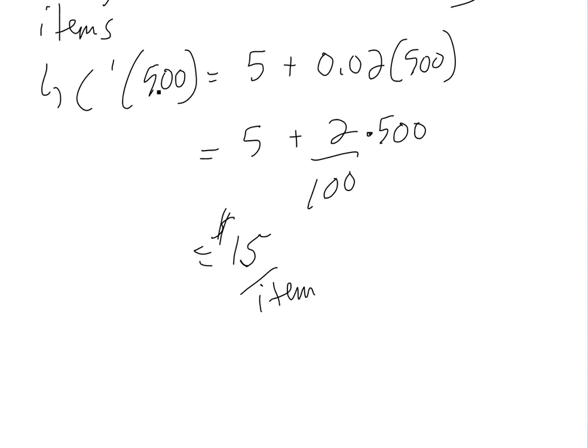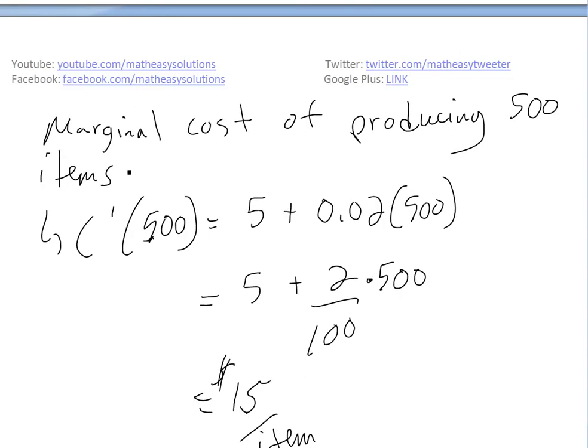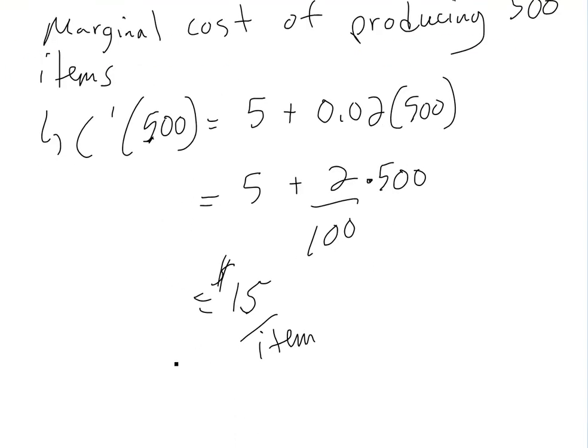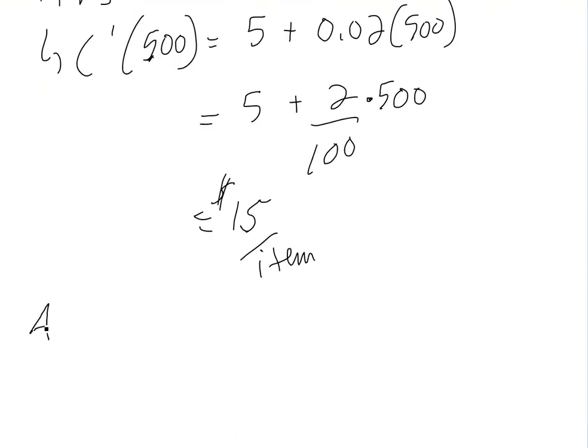And remember, all this is saying is the rate of change of the cost function at 500 units. This is roughly just a derivative, so it's roughly the marginal cost, because the actual cost to produce 501 is not going to be exactly this.